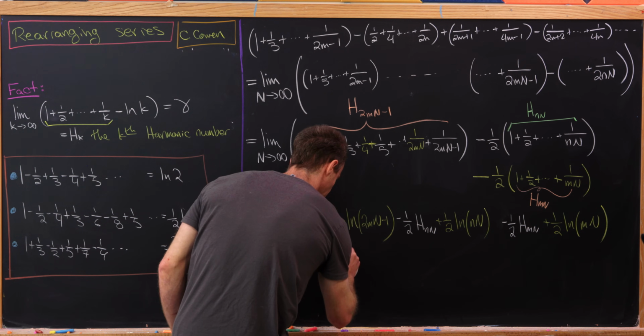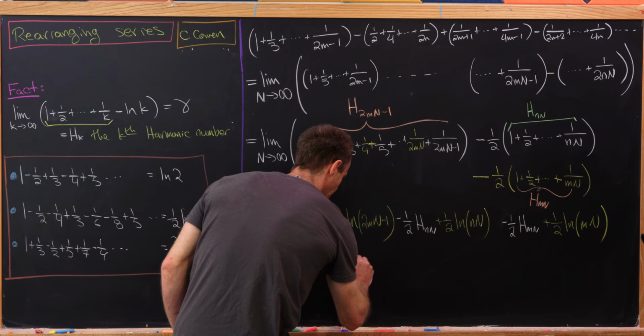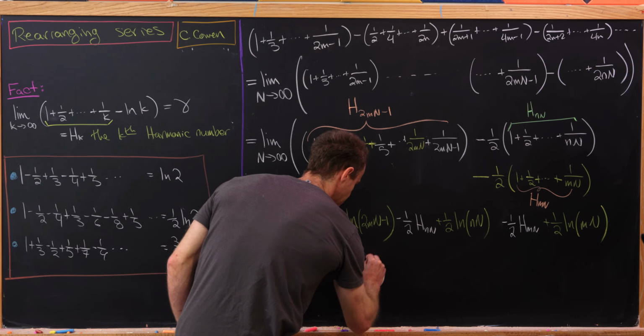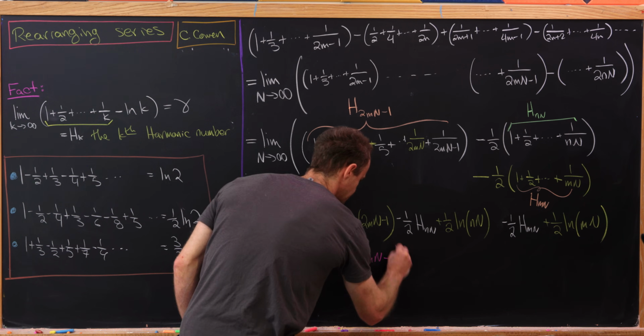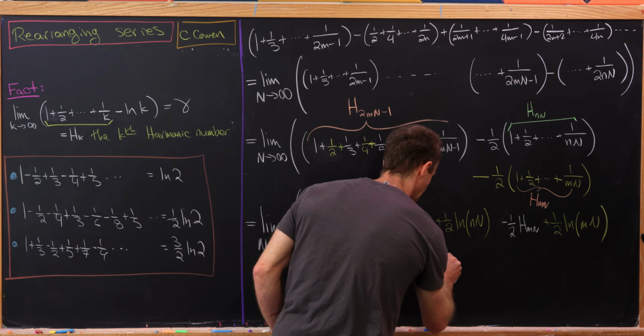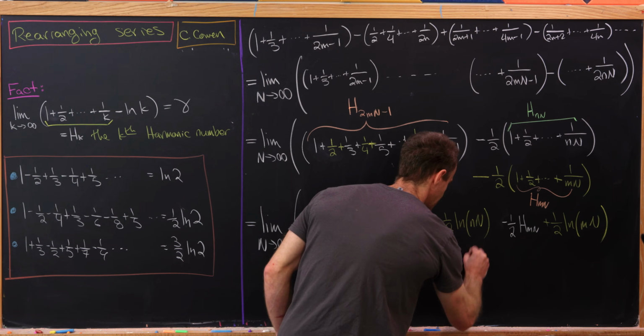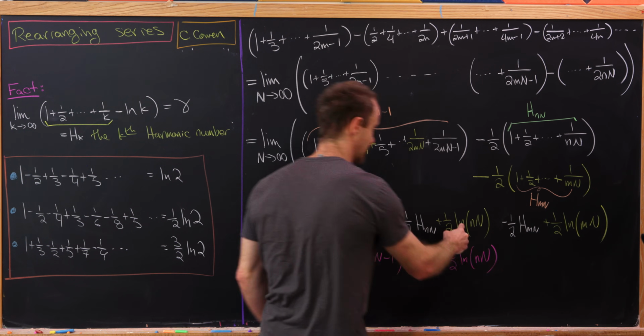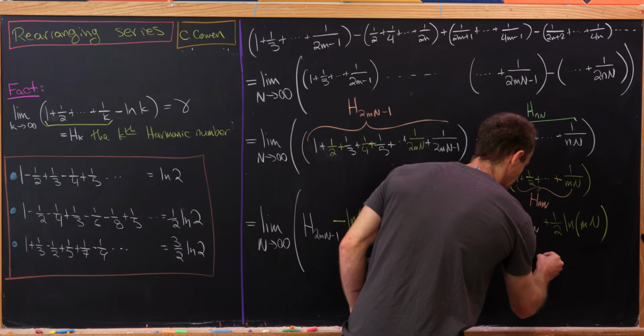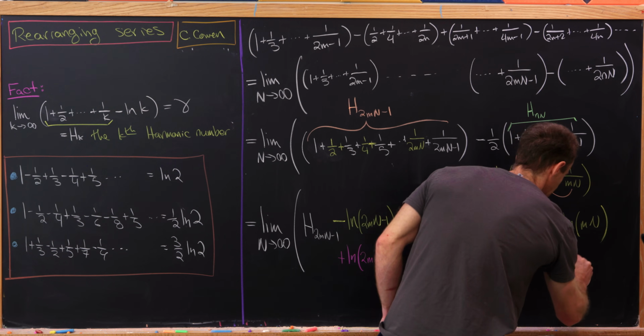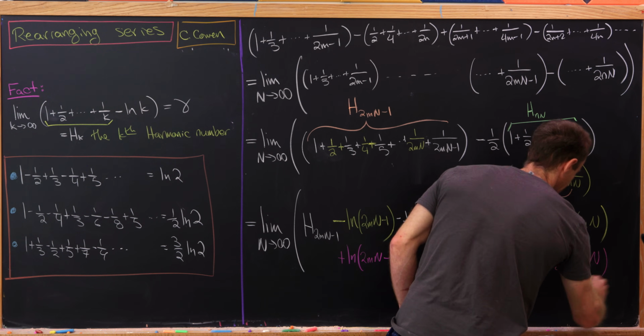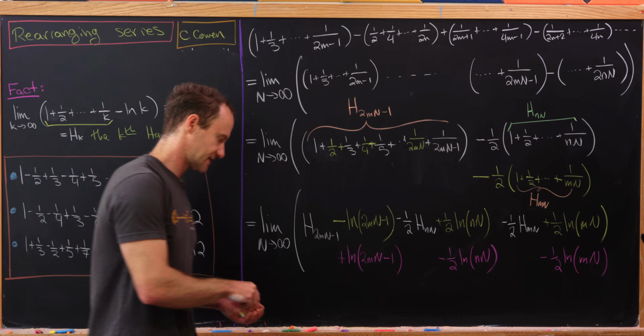So we're also going to do plus a natural log of 2mn minus 1 to counteract that. And here we'll do minus 1/2 natural log of n capital N to counteract that. And then another minus 1/2 natural log of m capital N to counteract that.